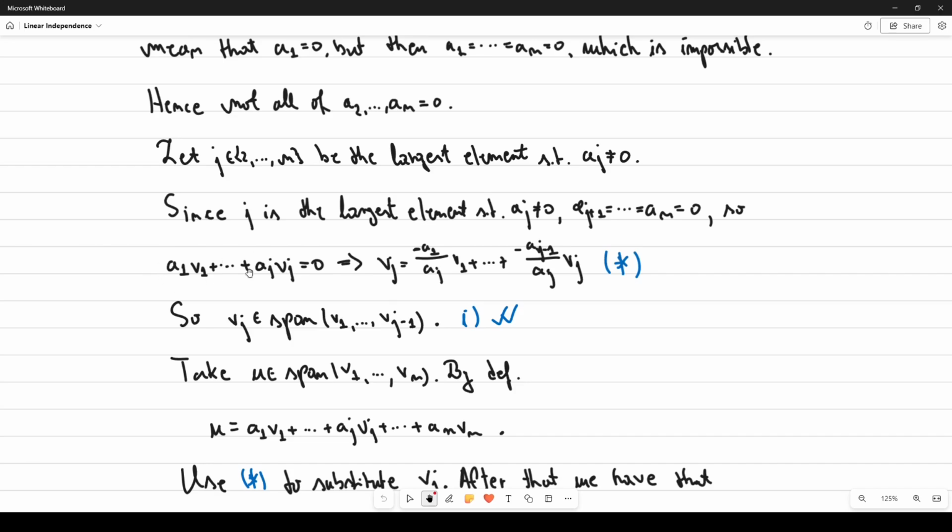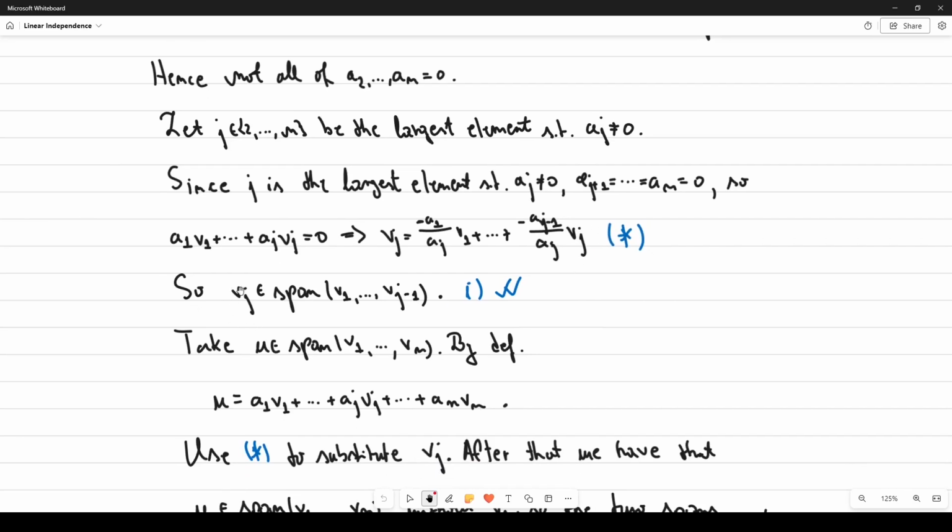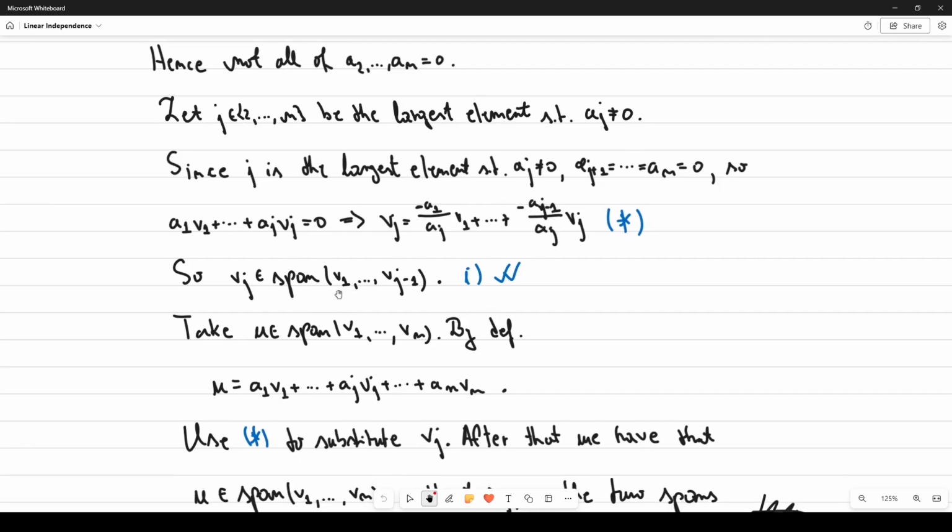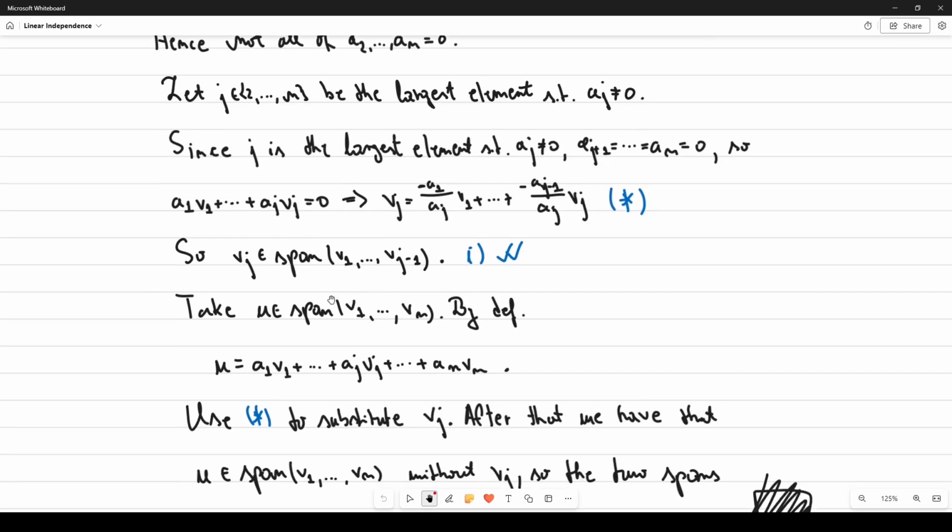So we just transfer all of the vectors before vj from the left side to the right side of the equation, and then divide by aj to get this. And now this is a linear combination of the vectors v1 all the way to vj minus 1. Here should be a minus 1. So we have that vj belongs to the span of all the vectors that come before it.